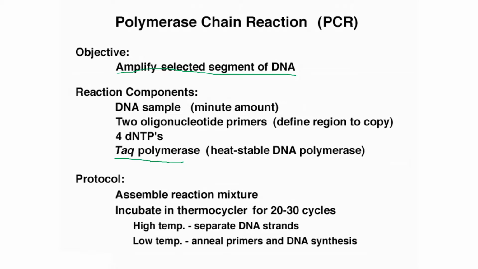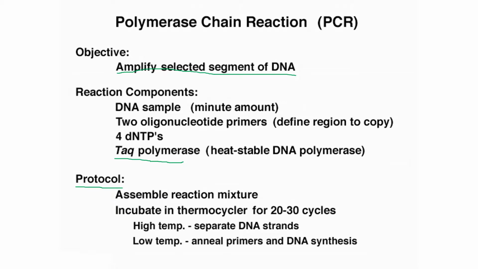So this polymerase, because of its heat stability, is able to undergo repeated cycles of heating and cooling. And this is isolated from a thermophilic bacteria. So this is the protocol or the cycling that occurs in the PCR machine. Of course, we've already assembled the reaction mixtures.